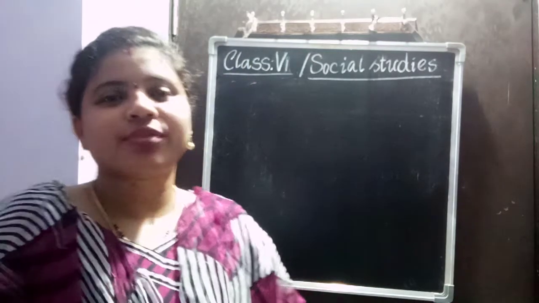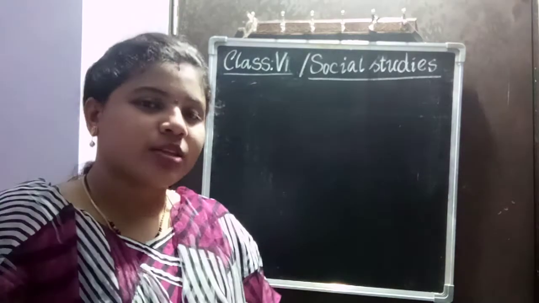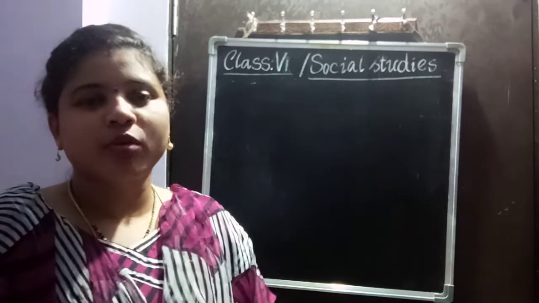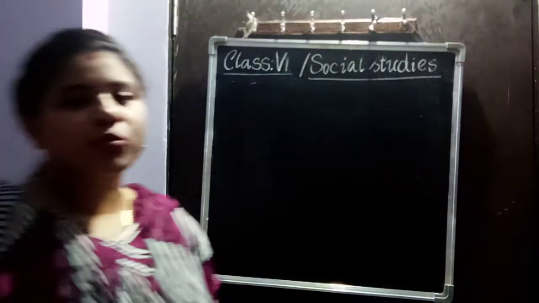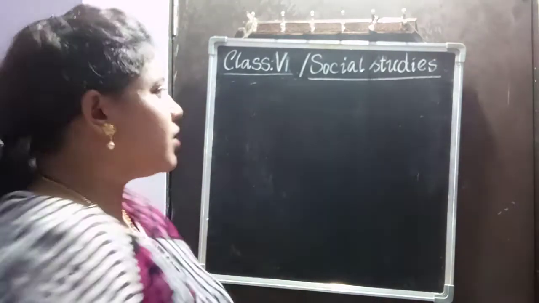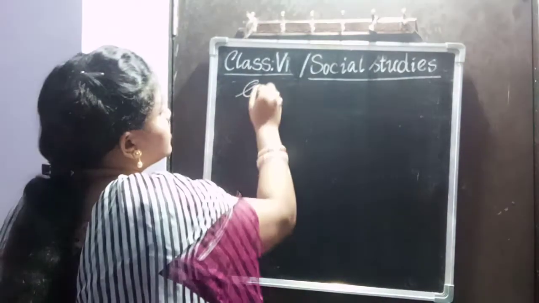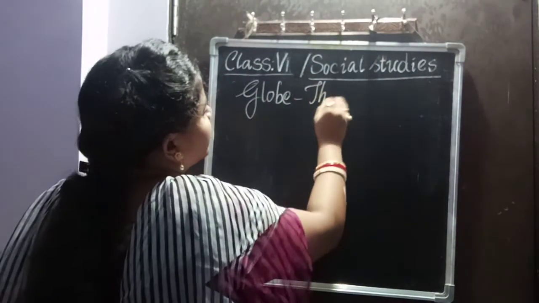So in this class we are going to discuss a topic that we have already spoken about. We have already learnt about the lesson in detail. That is an old lesson, so once again I am going to give an explanation of this lesson. The lesson that we are going to discuss today is Globe, the Model of the Earth.